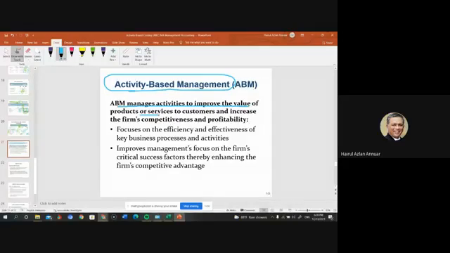Remember just now they came out with all the lists, and from the list they got to know some are value added, some are non-value added. So that's how they manage it. Those activities that give value, we must improve, so that they add a lot of value to the product, increase the firm's competitiveness as well as profitability.